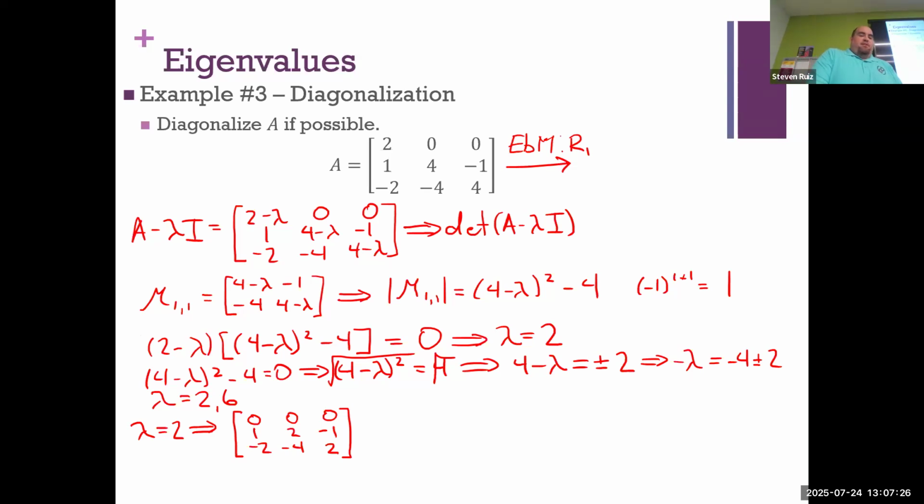The third row is the opposite of the double of row 2, which means this is really what I have. So the only row I have is that, so what's left?